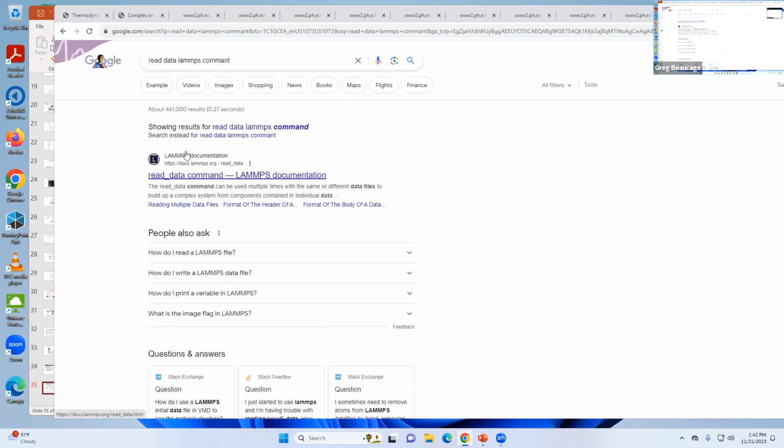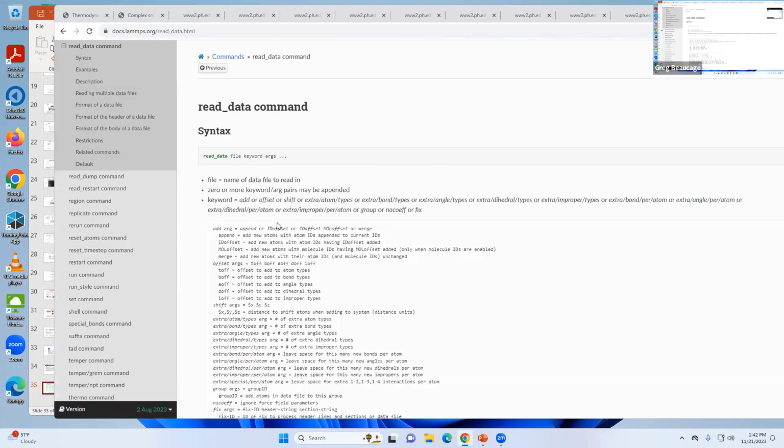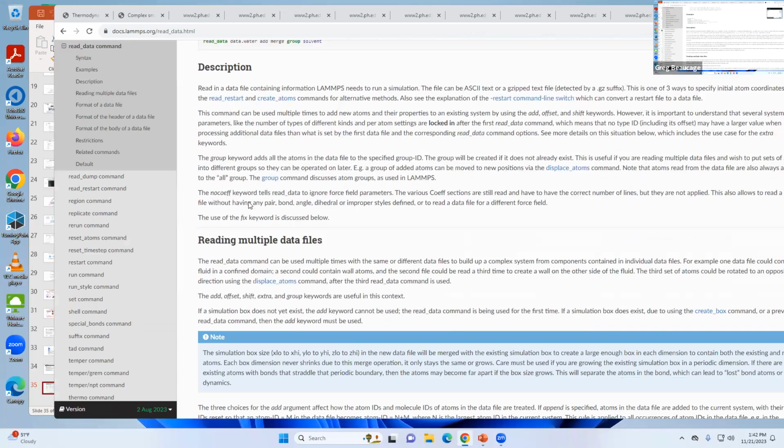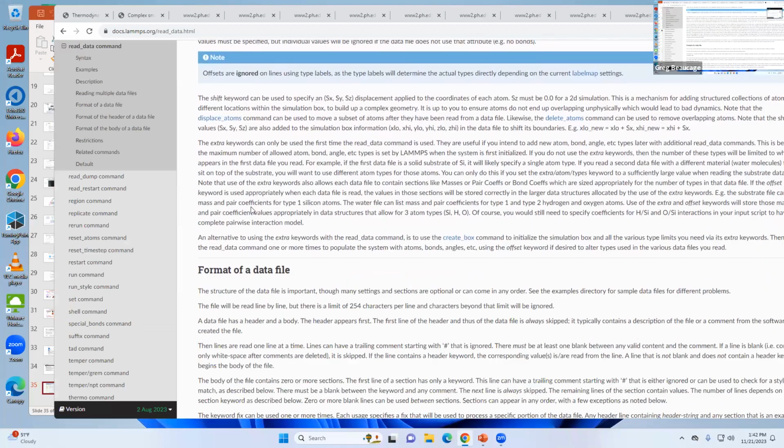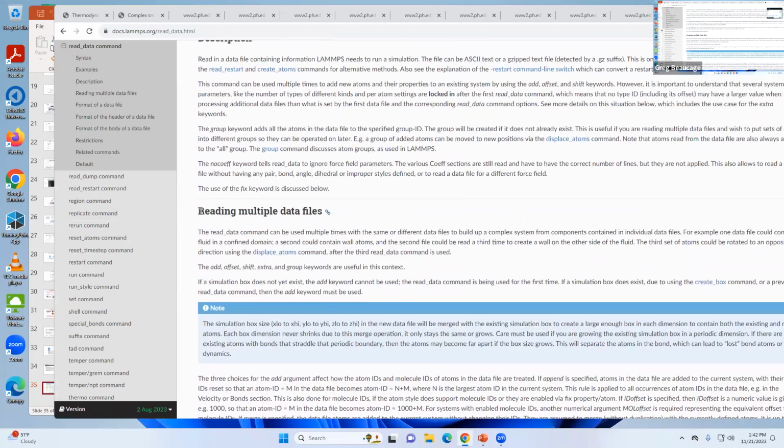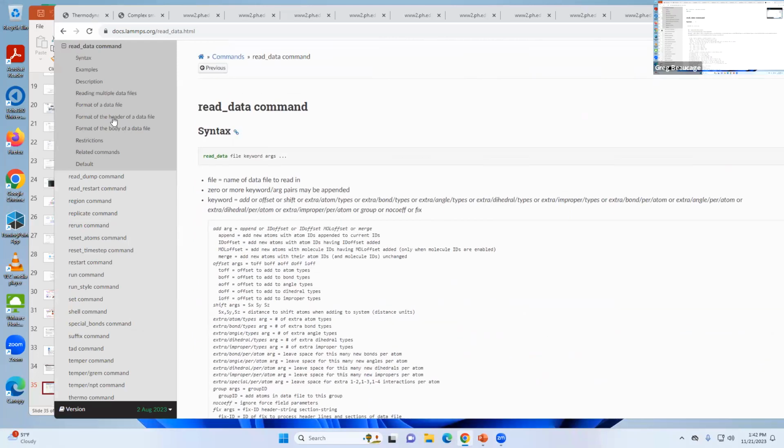If you go there, it'll give you the parameters and tell you everything about it. Every one of the commands is listed somewhere, and if you want to do something different, you can find it there too. You can just Google LAMMPS and whatever you want to do, and it'll show up somewhere. You can even find whole programs. So if you figure out how to do this, you can do anything with it.